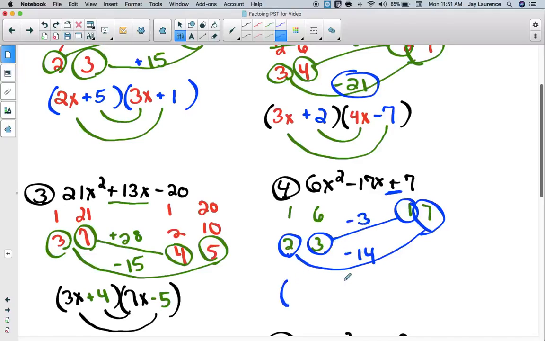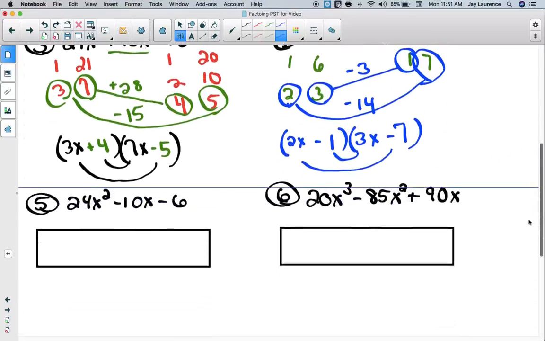So now I set up my quantities. I have a 2x in the lead position and a 3x in the lead position. Little smile, big smile. The 2 got multiplied by a 7. It needs to be a negative 7, so I can get negative 14. The 3 got multiplied by a 1. It needs to be a negative 1. And there you go. Factoring is simple.